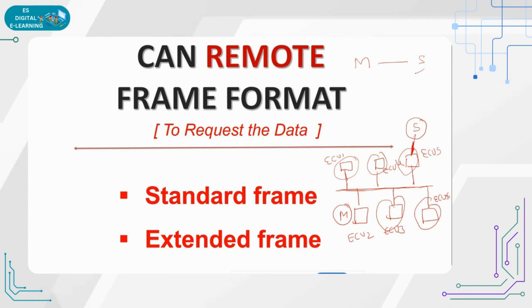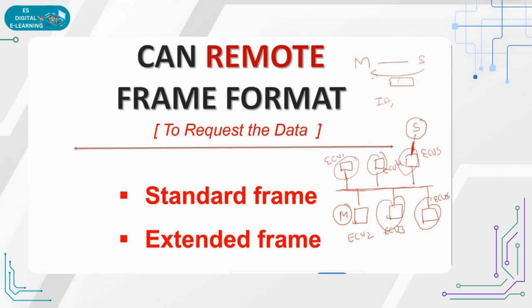The slave needs to request, and that request should have some ID, like who the slave is and what number it is sending. All those details are required because the master needs to understand whether it is coming from ECU1, ECU5 or ECU3. So then only the master can send the data to the slave.